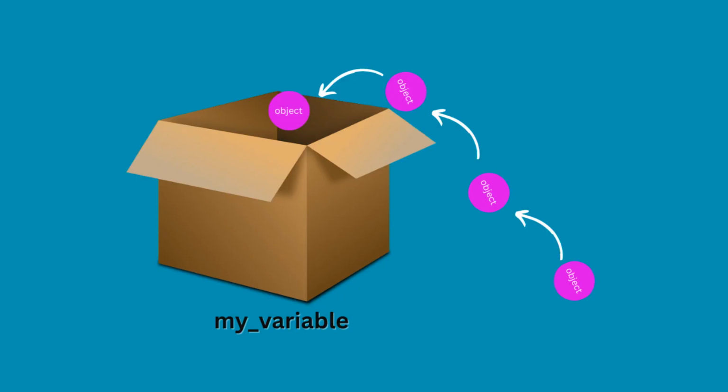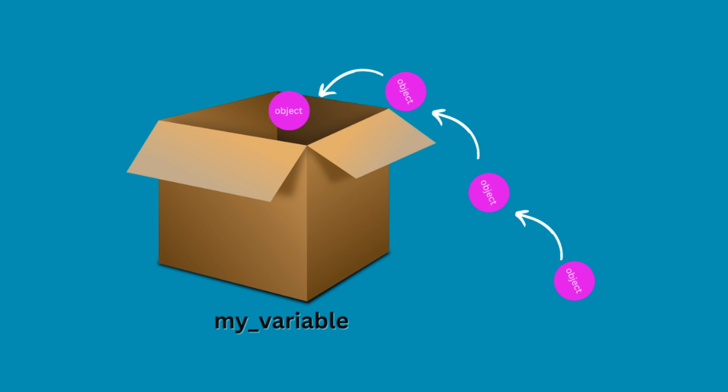In programming, a variable is like a container or a label that we use to store and manage data. It's a way to give a name to a piece of information, making it easier for us to work with that data in our programs. Think of it as a box with a label where you can store different things.